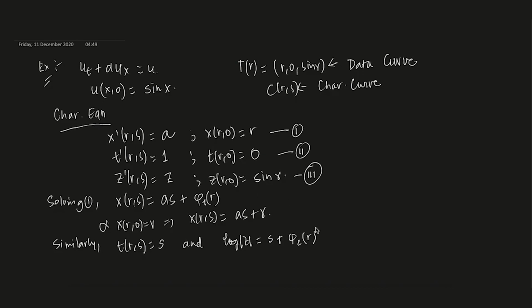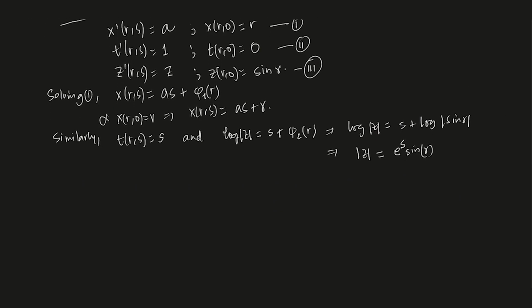Now let's put in the initial condition: Z at the point R0 is sine of R, so log of Z at R0 is log of sine R. So this gives you log of mod Z equals S plus log of mod sine R. Now you can write it properly, and that will give you mod Z equals e to the power S sine R. Okay, so once you put it together, this is what we are going to get.